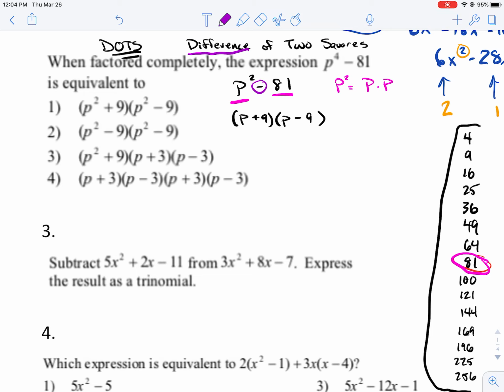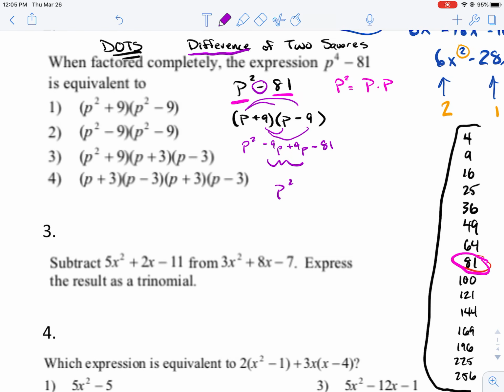All right, you have to have the minus sign in between. Okay, because what happens was when you multiply these numbers together, if we were to multiply them back, right, then we get p squared minus 9p plus 9p minus 81. And what happens is these numbers cancel in the middle, and you're left back with this binomial here.